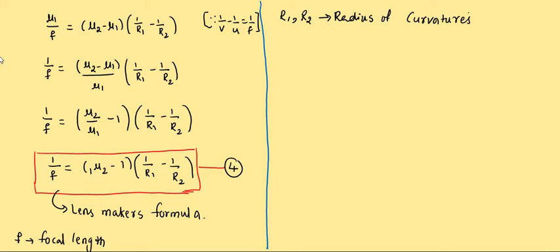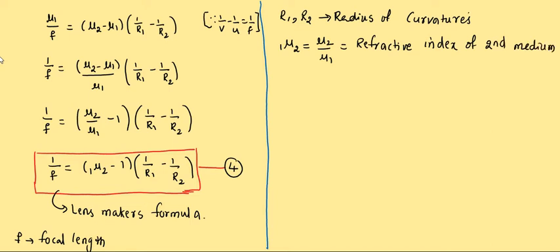And now, what is 1 mu 2? 1 mu 2 is nu 2 by nu 1, that is called the refractive index of the second medium with respect to the first medium.